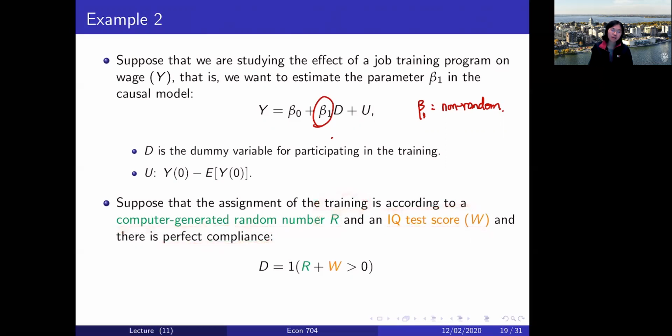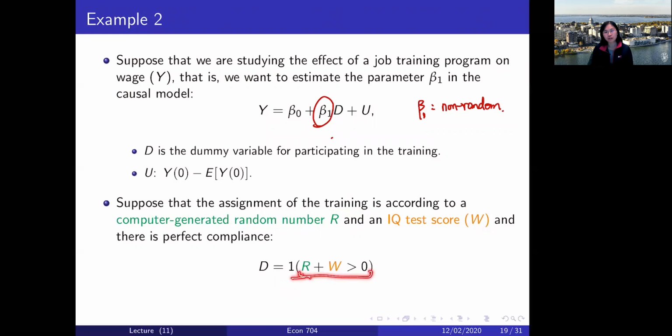So now the assignment of training is no longer completely random, but also is affected by an IQ score. Okay, so D, let's say, equals 1 if R plus W is greater than 0 and equals 0 otherwise. Okay, so this particular functional form is not very important.